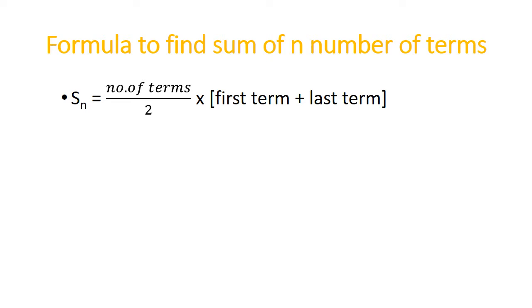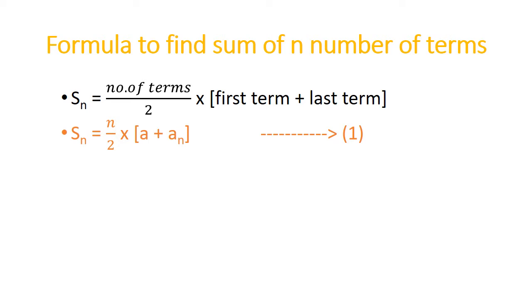The formula for Sn is the number of terms divided by 2, where the number of terms is represented by n. So it will be n divided by 2 into first term a plus last term an. So we get our formula: Sn is equal to n by 2 into a plus an.